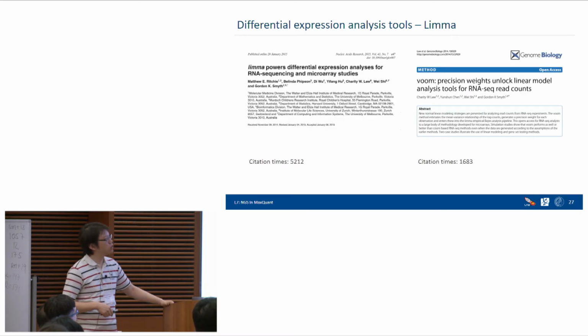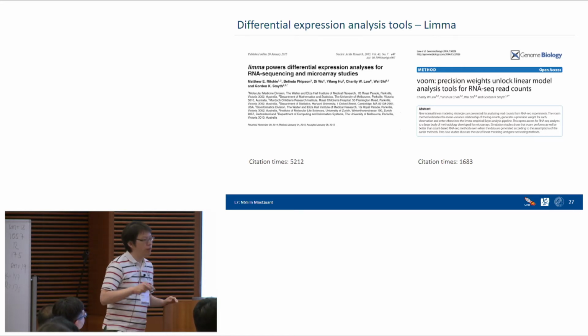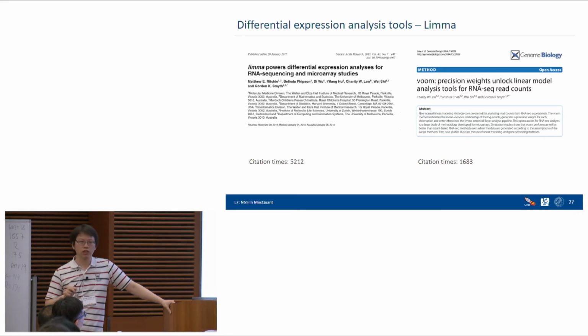This is another tool called edgeR, which is an R package that you can install from Bioconductor. Many people use it too, with about 11,000 citations. The above two tools focus on RNA sequencing, where the data type is count data, but proteomics is not like this.